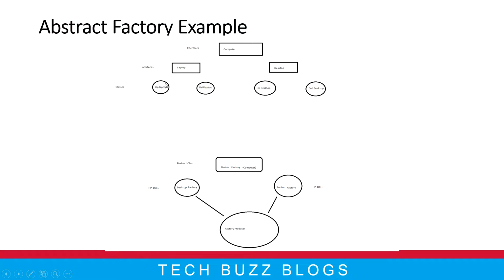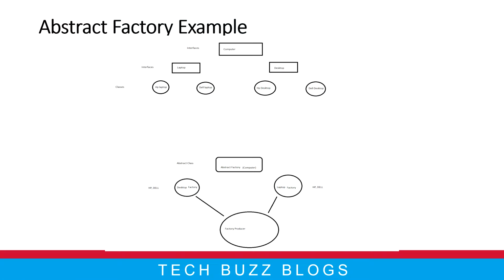Those interfaces I need to implement in my classes. So for laptop, I implement HP laptop and Dell laptop, and for desktop, HP desktop and Dell desktop. All this implementation has to be done. This is the first step of doing the abstract factory: creating the interfaces and implementation classes, that's all.